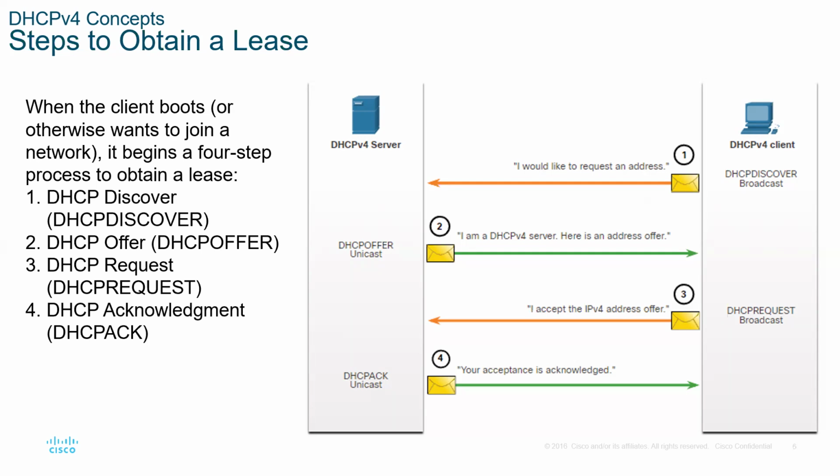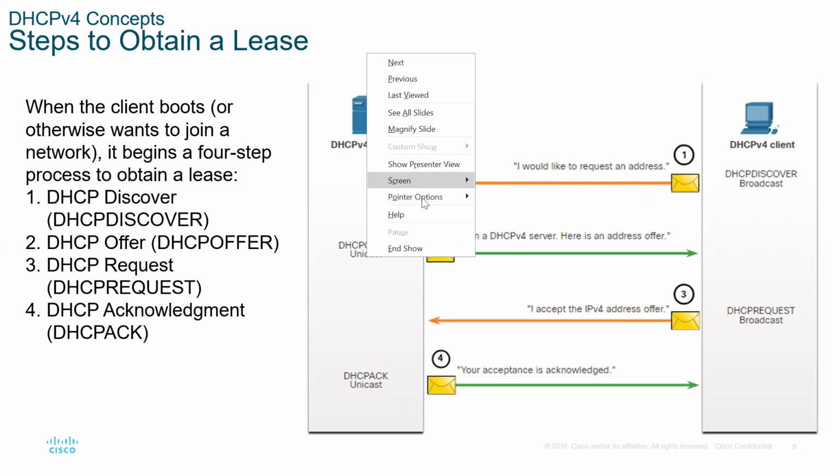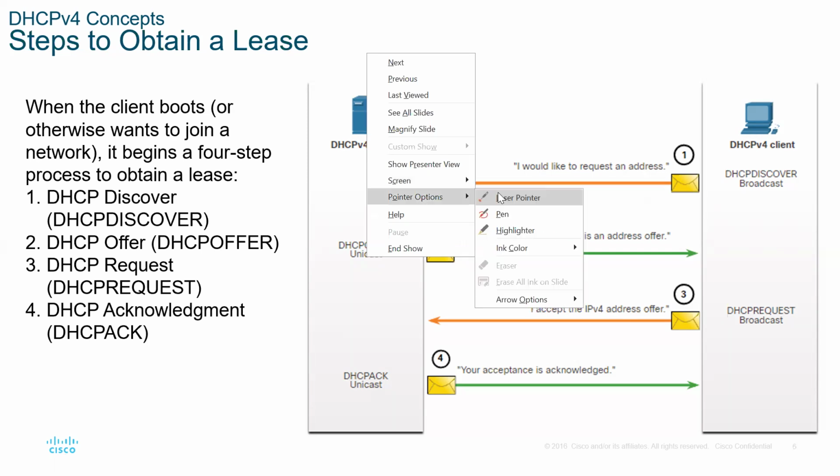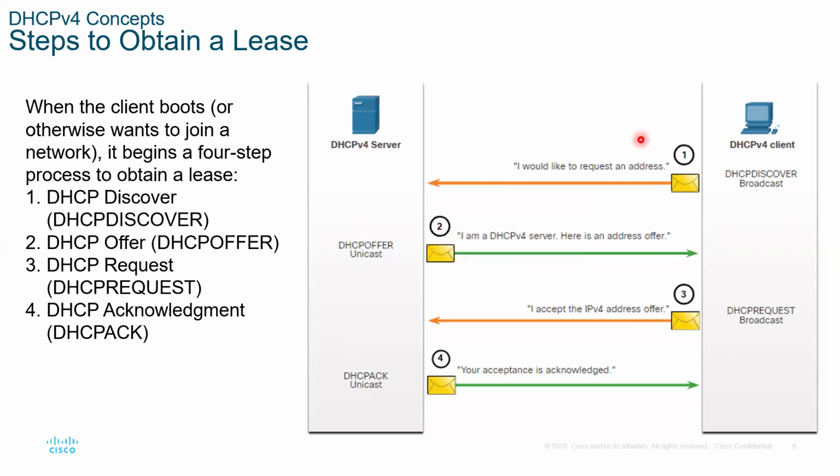So for the four messages that we have: the discover, offer, request, and then we have the acknowledgement. The discover is a broadcast, which is used to broadcast to servers in a network, saying I would like to request an address.